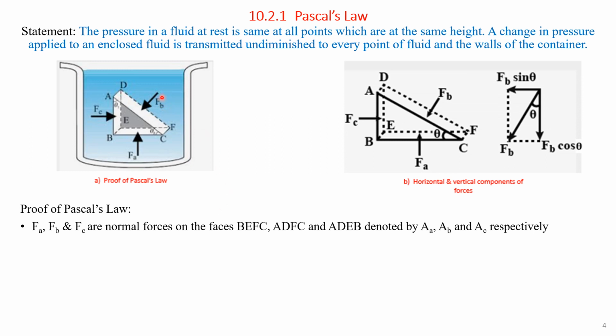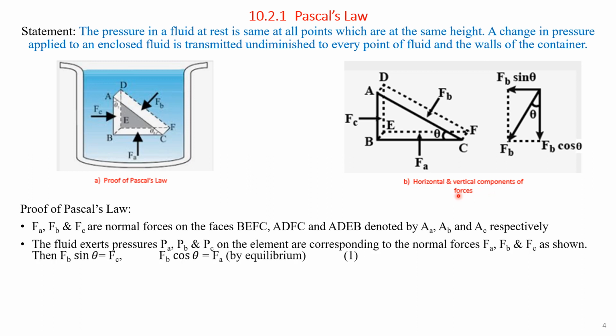The inclined force FB can be split into two components, horizontal and vertical, as FB sin theta and FB cos theta. Theta is the angle between the vertical element and the inclined force FB, as shown in the right hand side diagram. The fluid exerts pressures PA, PB and PC on the element, corresponding to normal forces FA, FB and FC respectively, as shown in the figure.